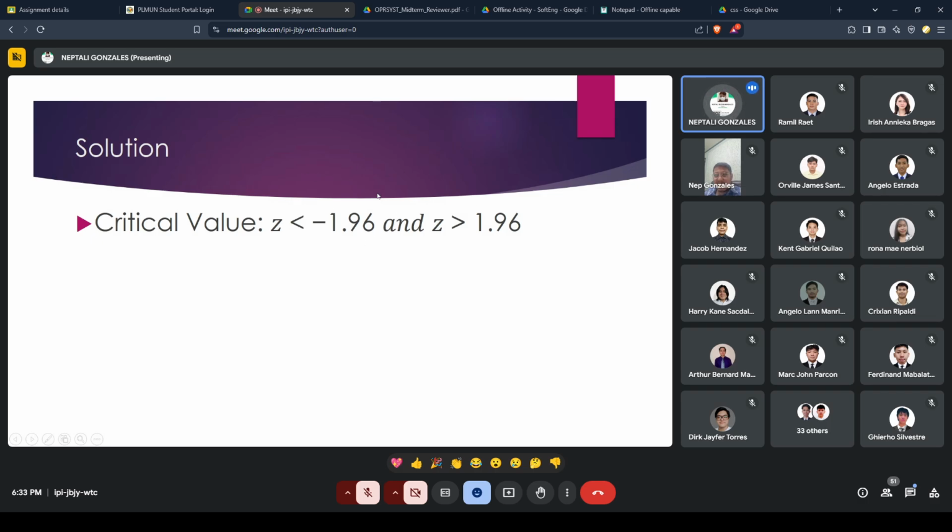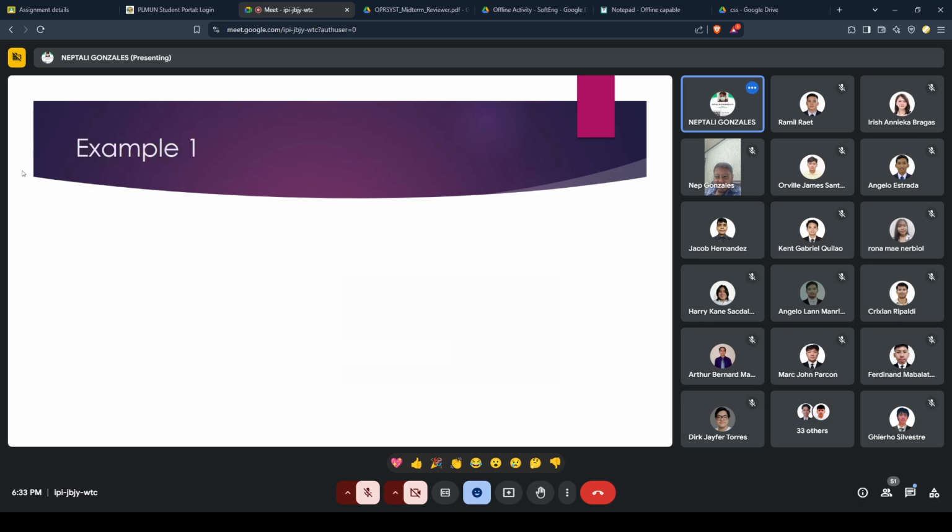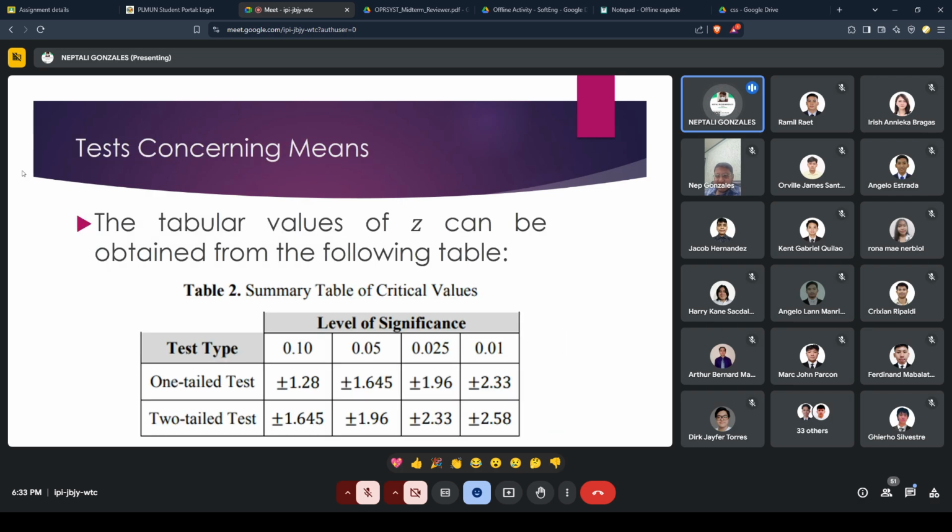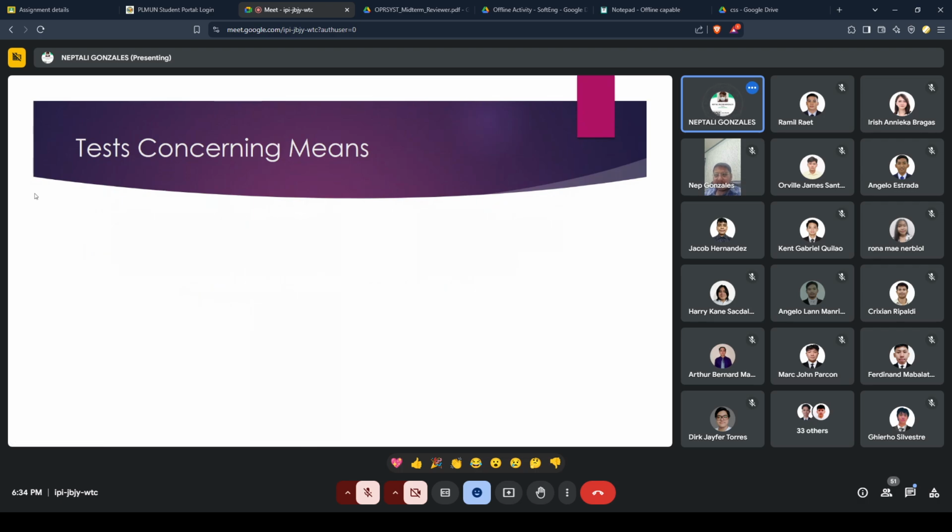These values come from what we looked at earlier. Let me go back. Here it is, 1.96. You see, 0.05 was used and we are two-tailed, so plus or minus 1.96. At 0.05, two-tailed, the critical value is plus or minus 1.96. So that's how you take a look at the tabular value.